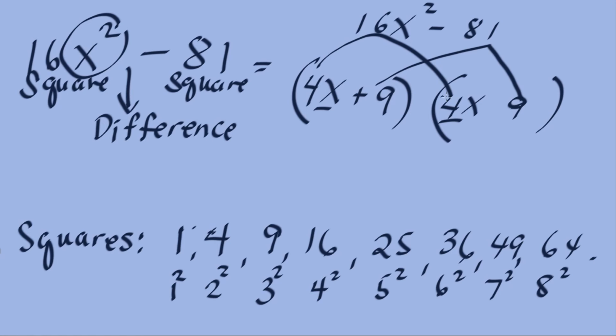So one is a positive, the other is a minus. Again, you can FOIL this out completely, or you multiply and check and see if it's really 16x squared minus 81. Okay, so another example for difference of squares. Let's say 81x squared minus 100y squared.